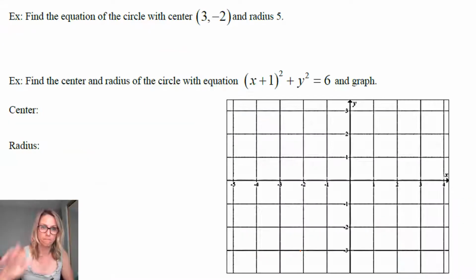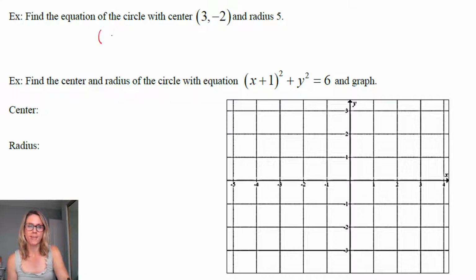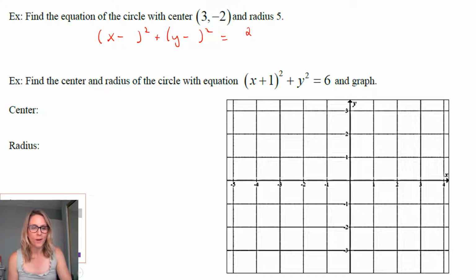So let's take a look. All right, so pretty straightforward first example. We want the equation of a circle that has center (3, -2), radius 5. So what I'm saying already is that you know you're going to have this form. So all you have to do is fill in the spaces.